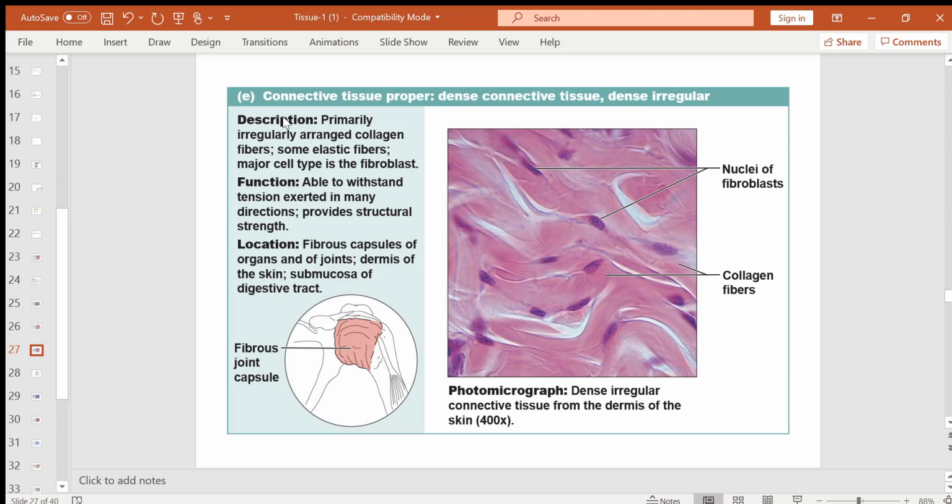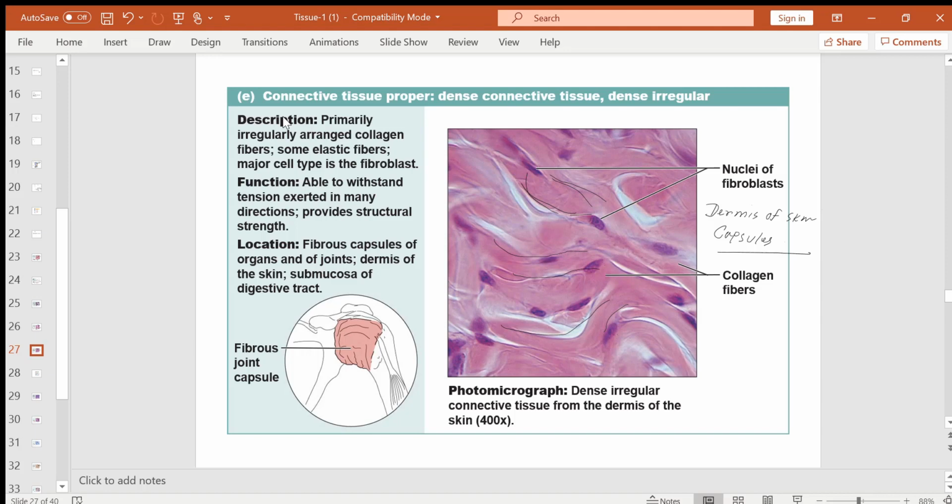Some bundles are going like this, some are going like this, so not regular, irregular. And where you will find dense irregular: the dermis of the skin, and capsules of the joints. Just remember those two.